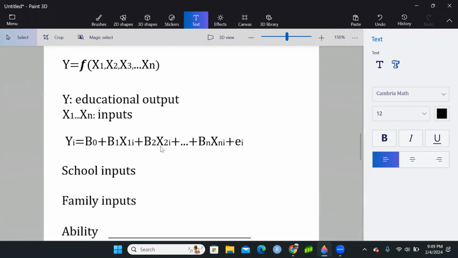Let's say this is teacher-pupil ratio at the school for student i. Basically, we can come up with a prediction for what the educational output for student i will be. And we've got an error term here.